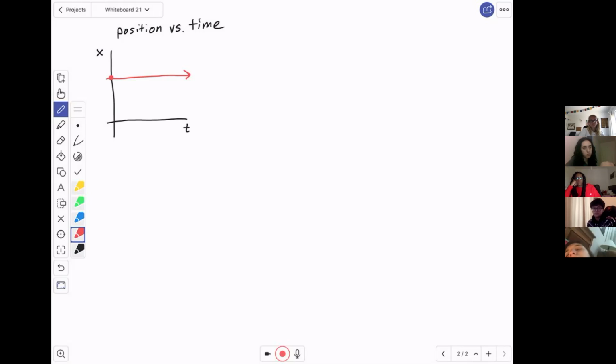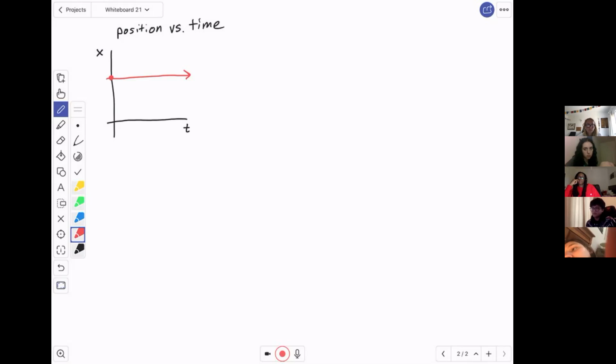Okay, can we connect this with what we just did in the previous screen with the slope? What is the slope of that line there? What do you think, Dewa?